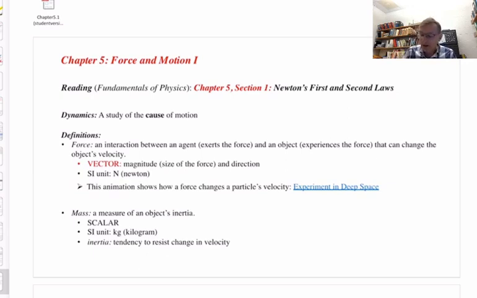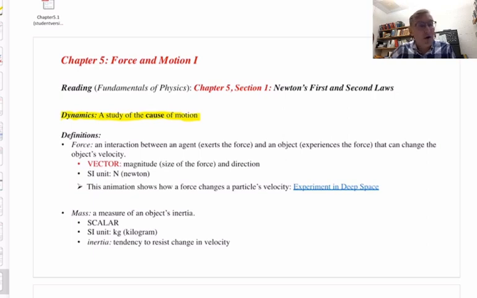That part of the study of motion that looks at the cause of a motion is called in physics dynamics. So we are now moving from kinematics to dynamics. We'll still use what we studied in kinematics, but now we're going to add new ideas. Dynamics is the field we're studying.